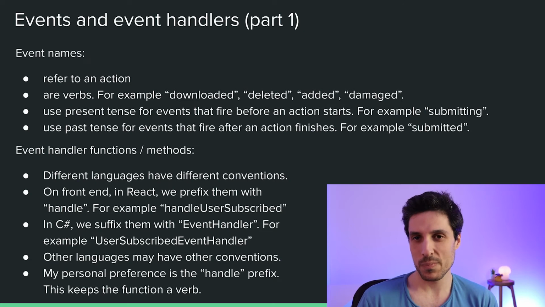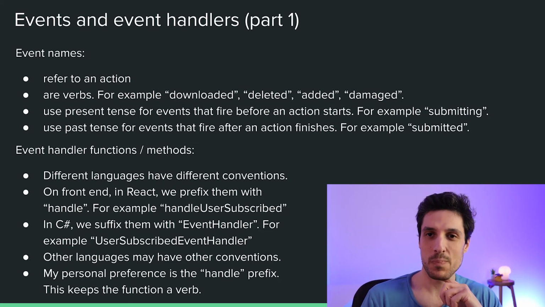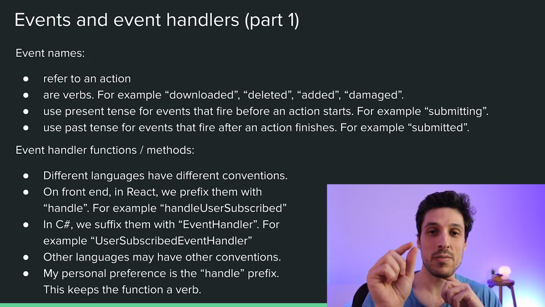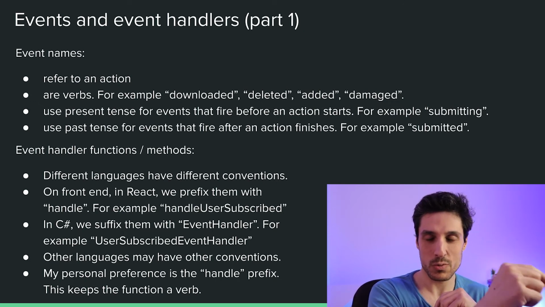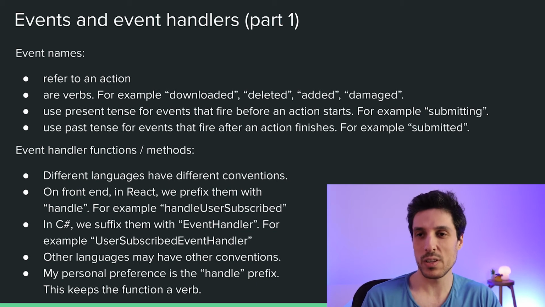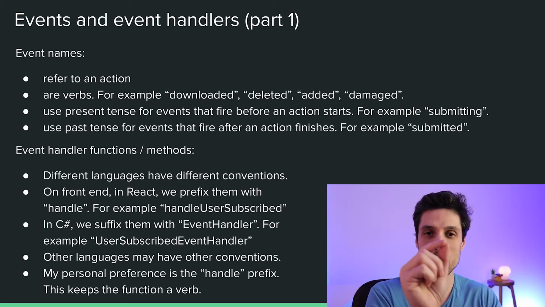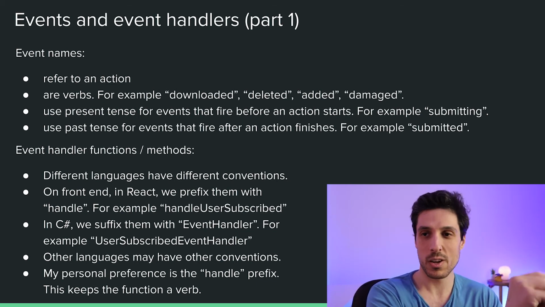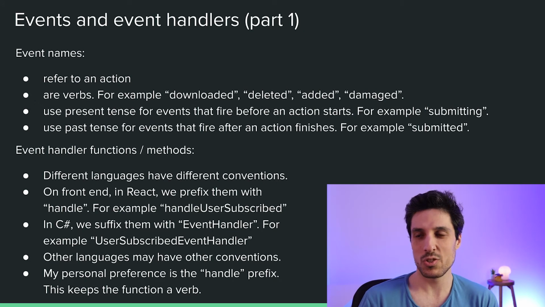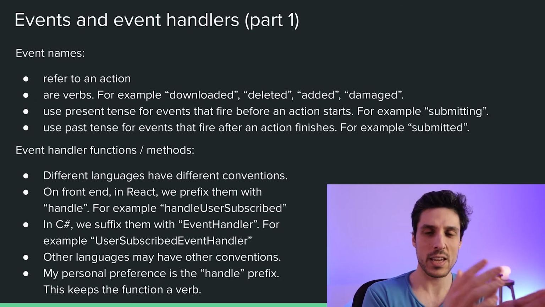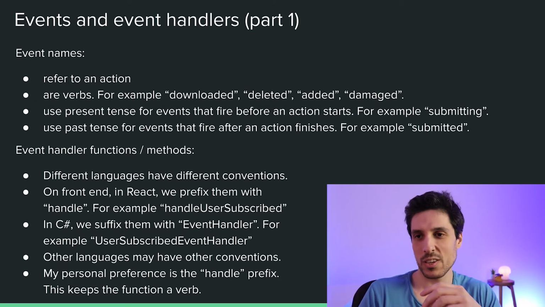In C#, it recommends using the name event handler at the end of the method. So for example, you would have something like user subscribed event handler or file downloaded event handler, okay? And of course, in other conventions, you might just have handler at the end or whatever else it is.